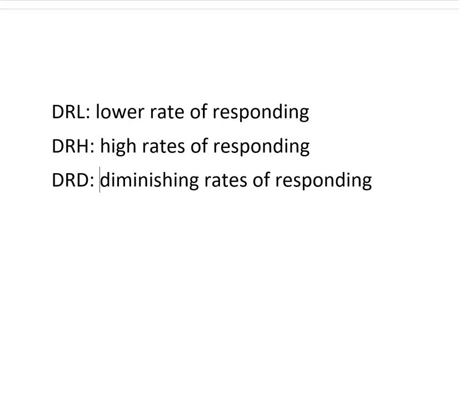The only difference is that DRL is mostly used with inter-response time, where you want to increase the time between consecutive behaviors, and that's why you're lowering the rate of response. But DRD is mostly engaging in a specific behavior at a rate lower than baseline. So you are just decreasing the frequency for the reinforcement to take place.